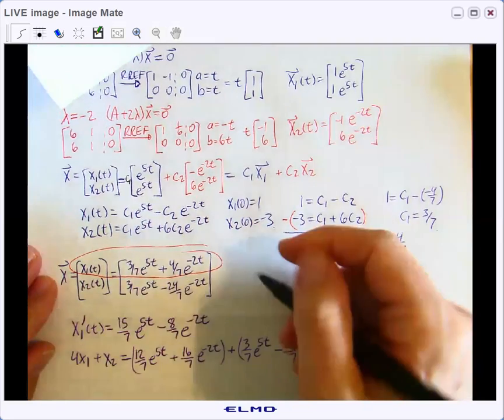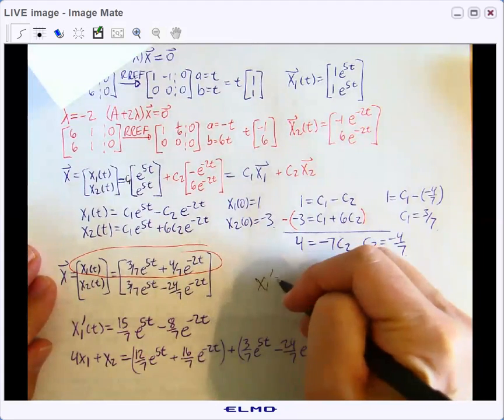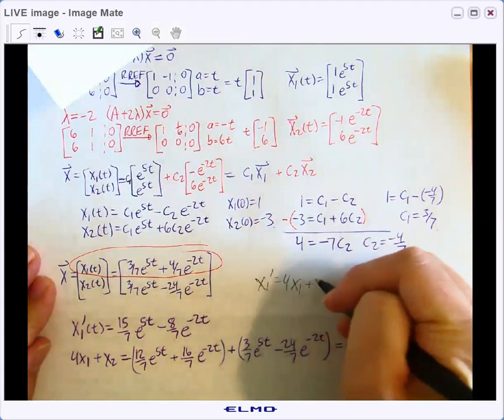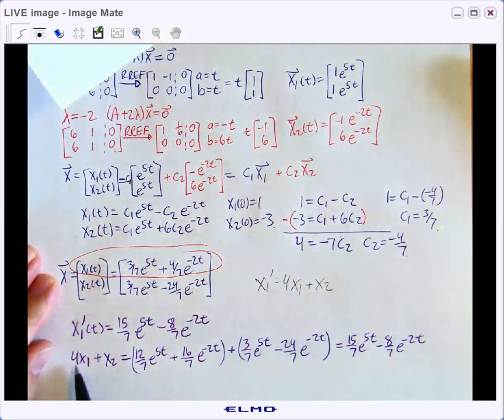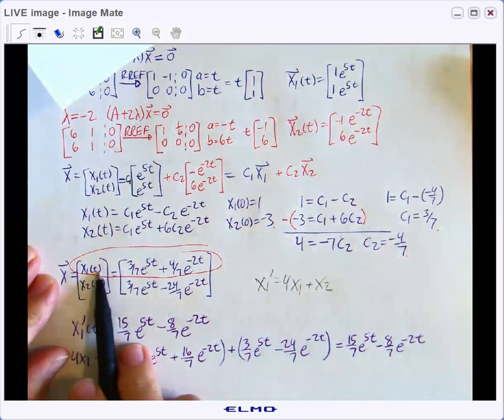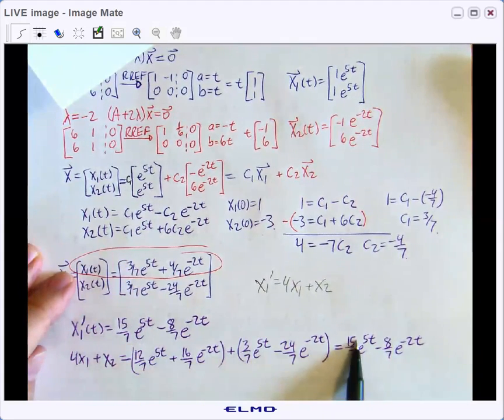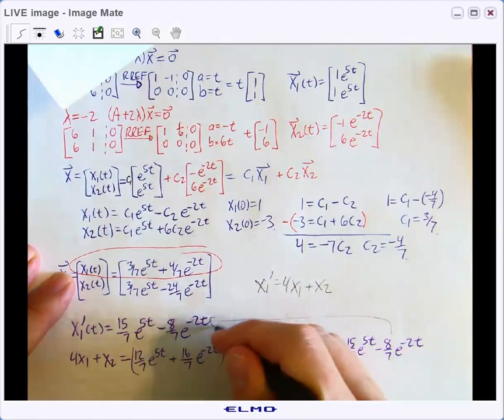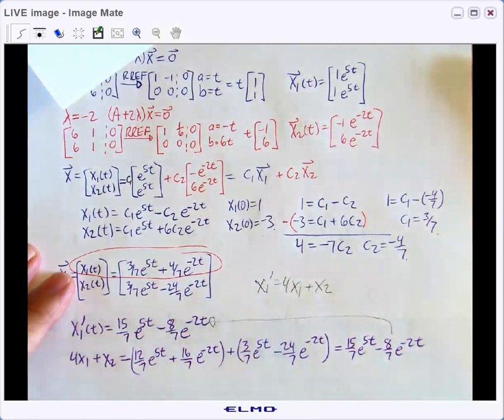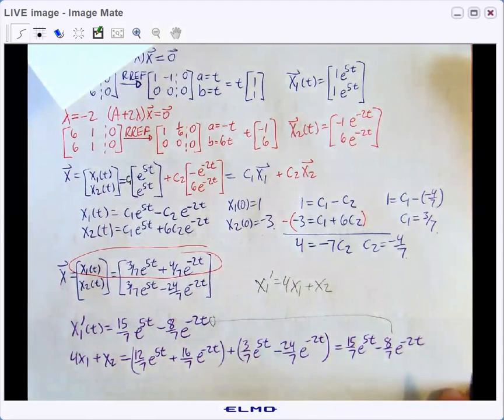And if I do 4x1(t) plus x2(t), I get 15/7 e^(5t) minus 8/7 e^(-2t), which is in fact x1 prime. So I'm pretty confident I didn't make any silly mistakes.